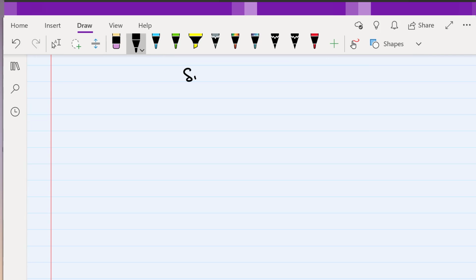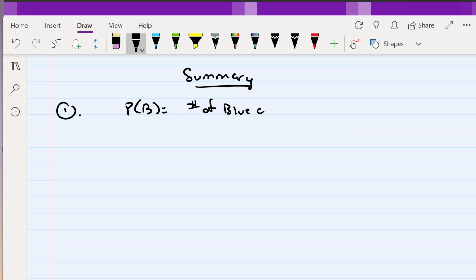So to summarize, we looked at 3 things. We looked at the probability of choosing a blue chip, which is counting the number of blue chips and dividing it by the total number of chips.